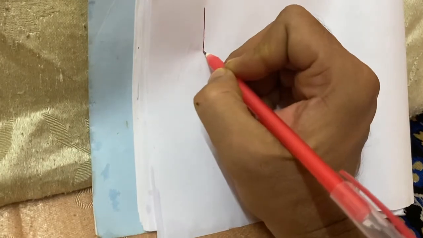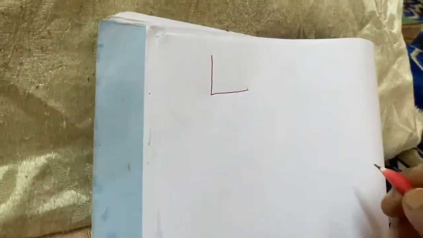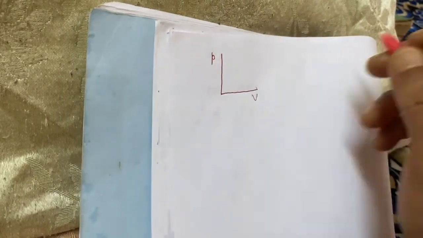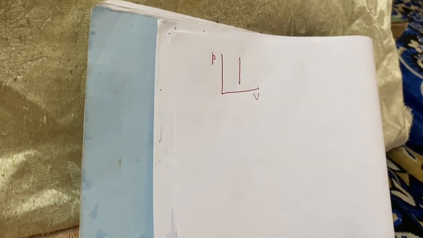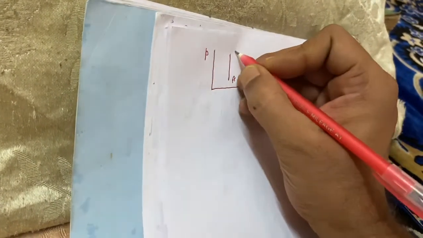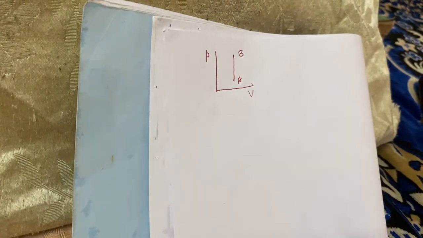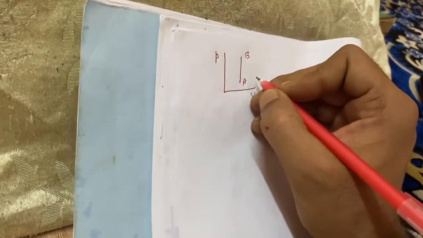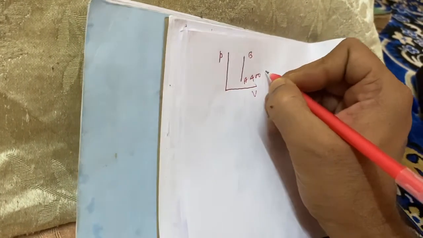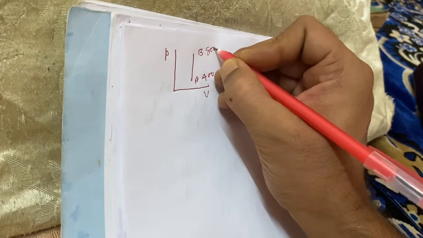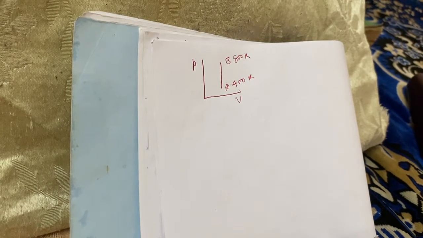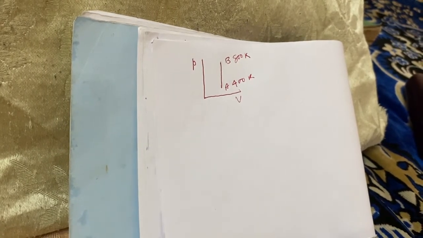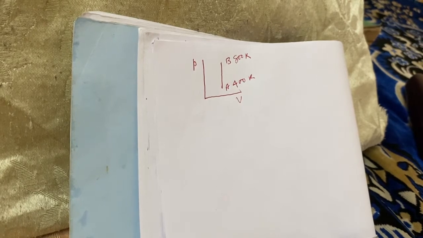Suppose we are doing the experiment and we get the PV curve like this. We are going from A to B, and the data given is that it is performed at 400 Kelvin and the experiment is performed at 800 Kelvin. So, if the question comes for 1 mole of diatomic gas, find the change in internal energy.